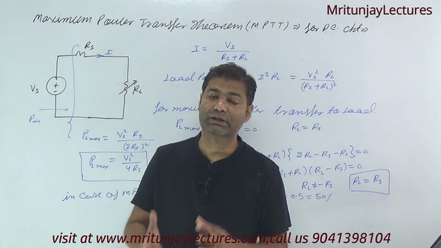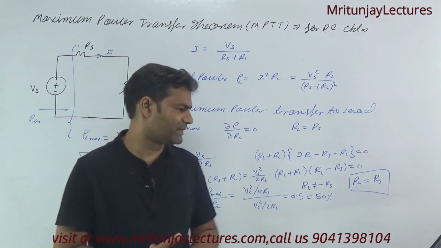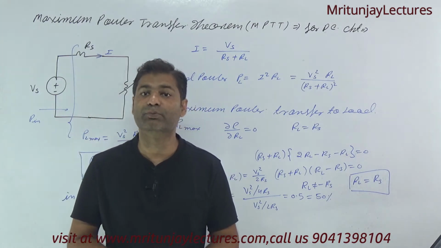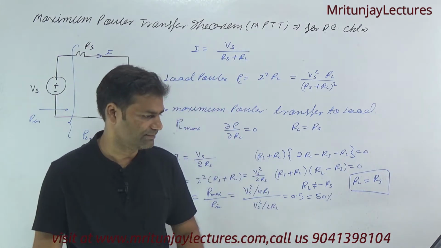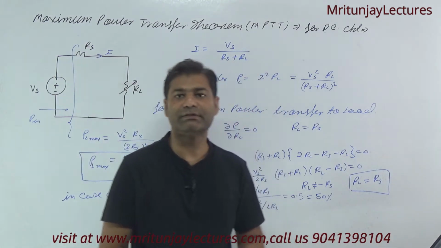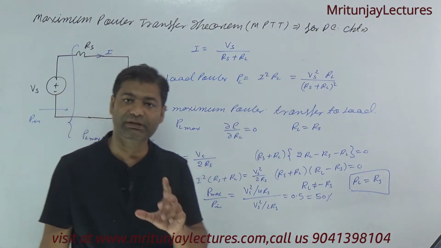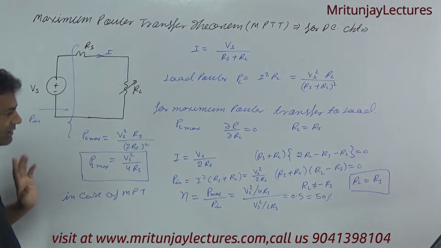If you use maximum power for any machine like a transformer, then you get poor efficiency, with a lot of 50% losses. That's why we always want maximum efficiency corresponding to rated load, so this is not used practically.